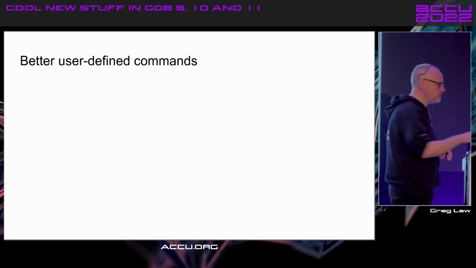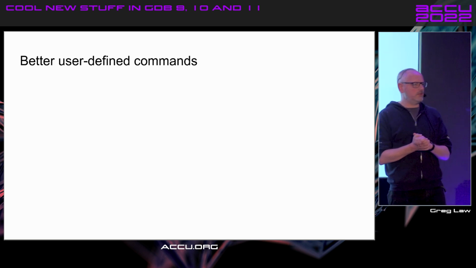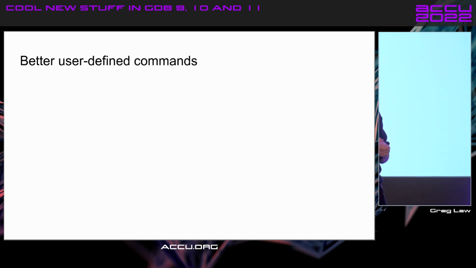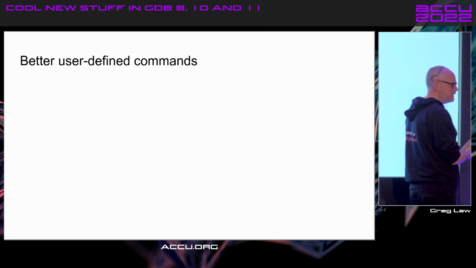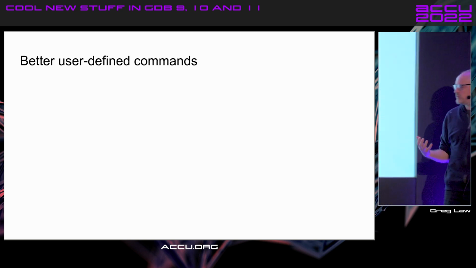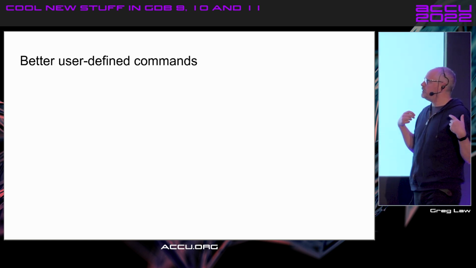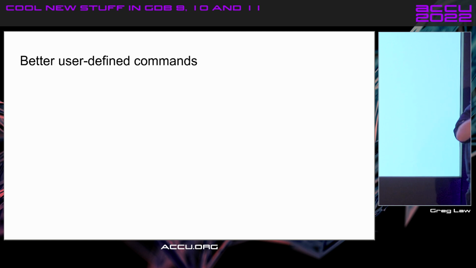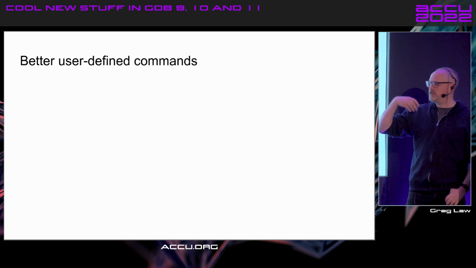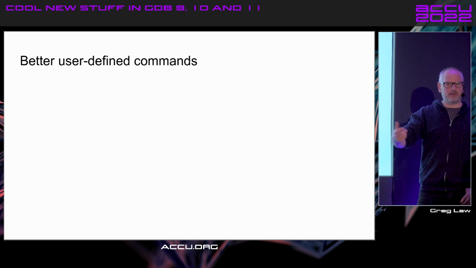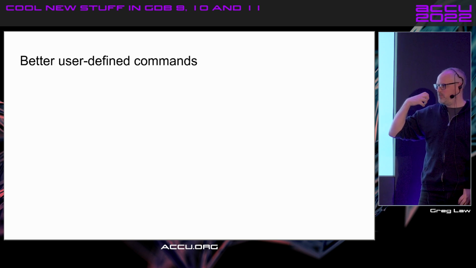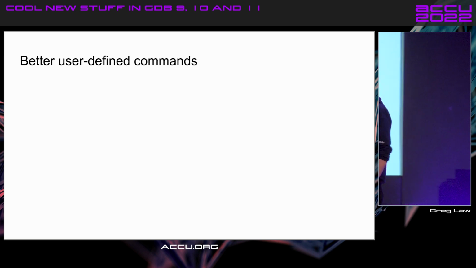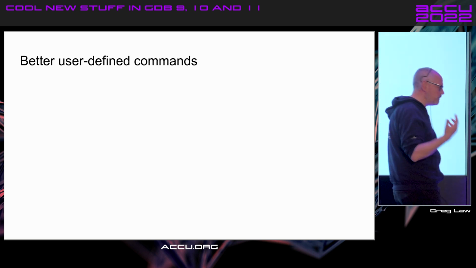So there's a bit of a smorgasbord of different things. Now we're going to talk about user-defined commands, which is something that's existed in GDB for ages, with some small tweaks in the more recent versions, so I thought it a good excuse to talk about them. You can do user-defined commands in two ways. You can use the Python API to define your commands in Python, which is better in all sorts of ways and more flexible.